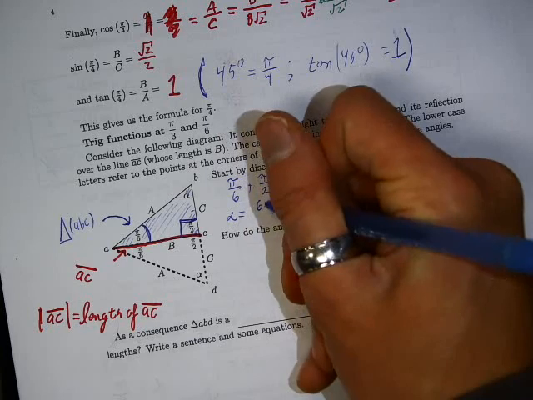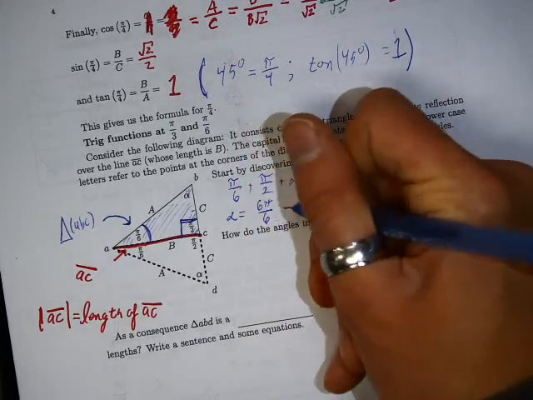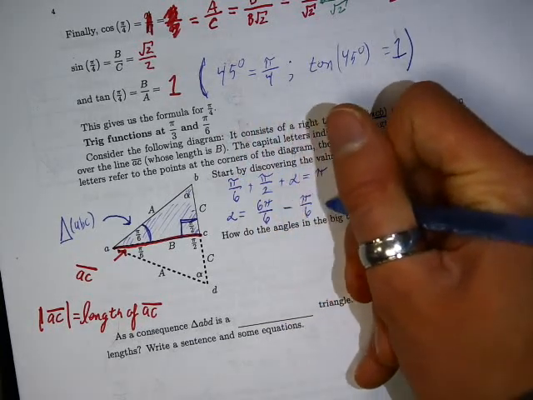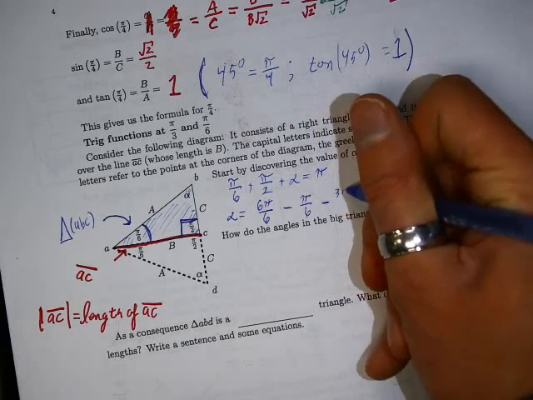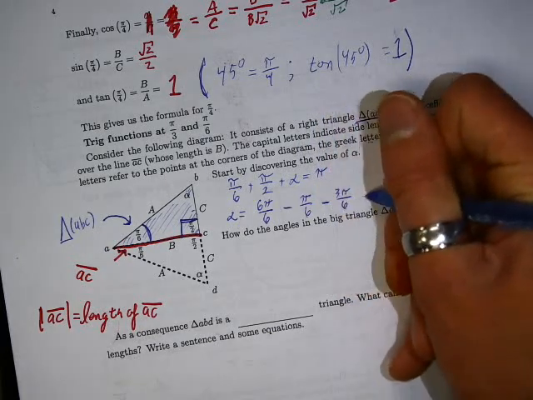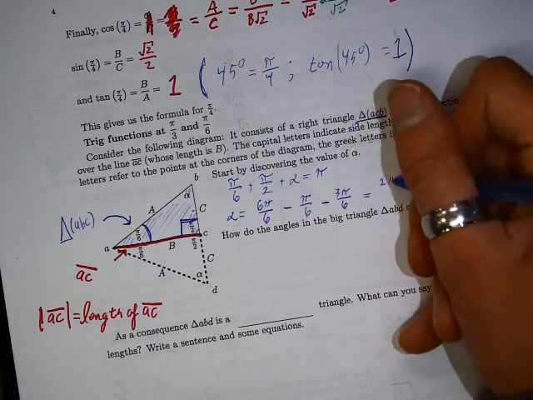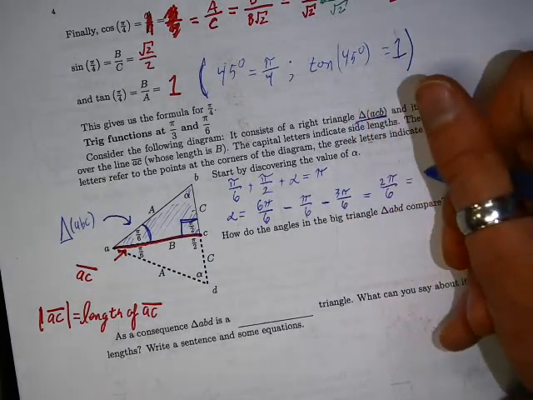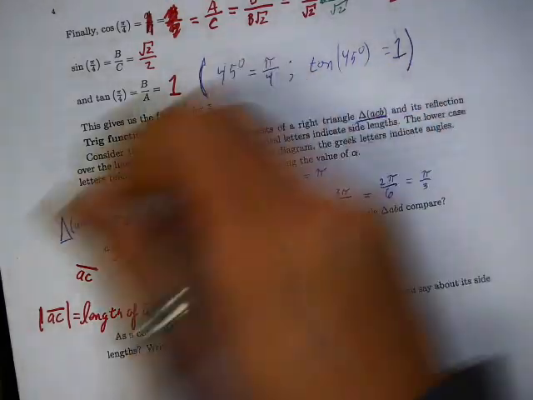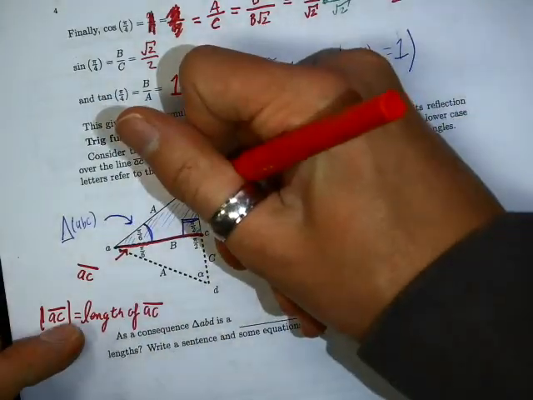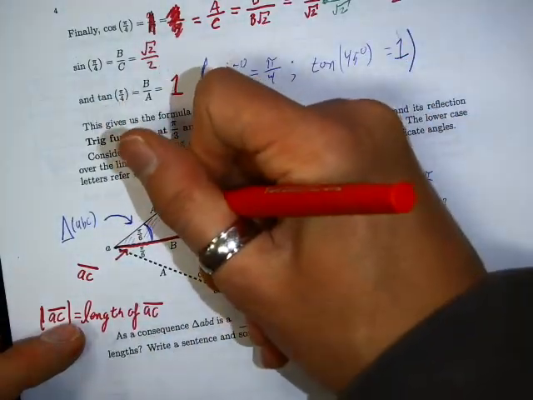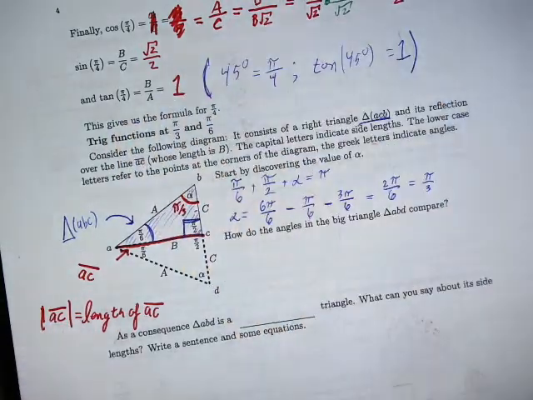So it'll be 6 pi over 6 minus pi over 6 minus 3 pi over 6. Let's see, 6 minus 1 is 5 minus 3 is 2. 2 pi over 6, also known as pi over 3. So this angle is pi over 3.